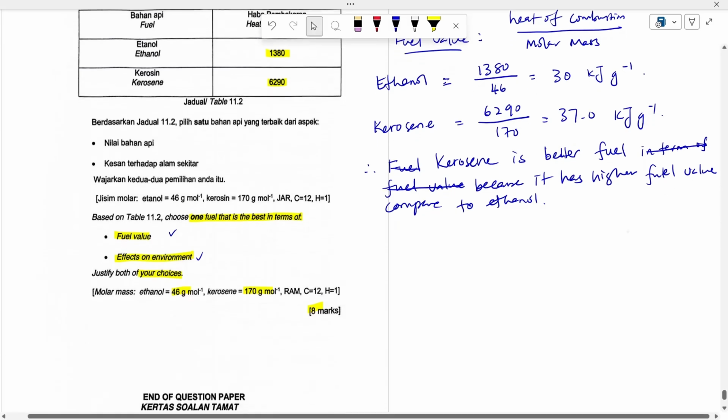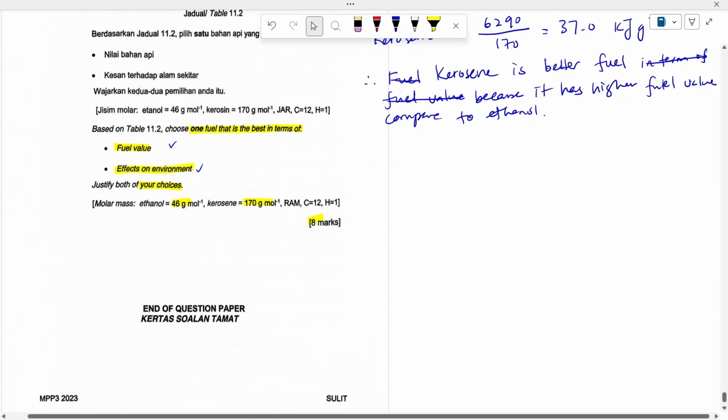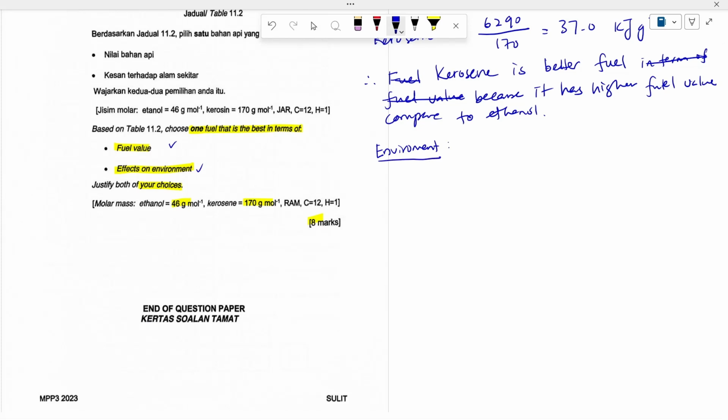Next, in terms of effects on the environment. So for environment, we also can calculate for ethanol, C2H5OH. We need to calculate the percentage of carbon.